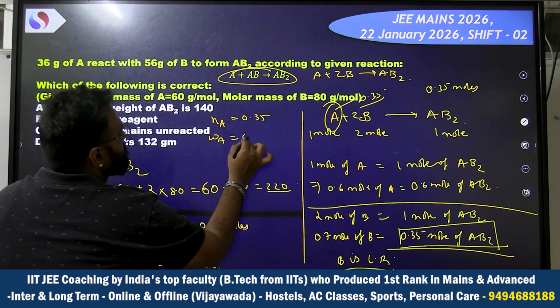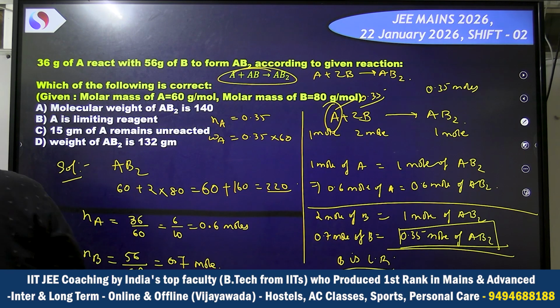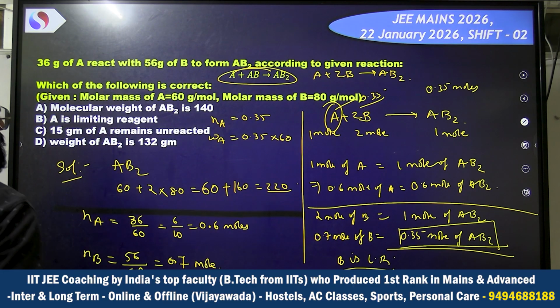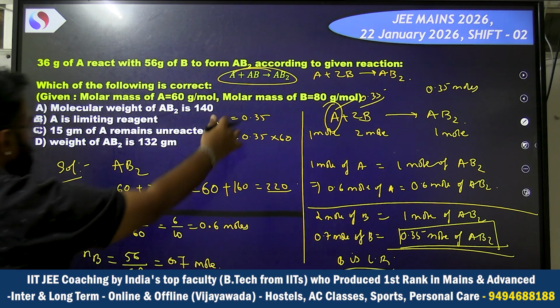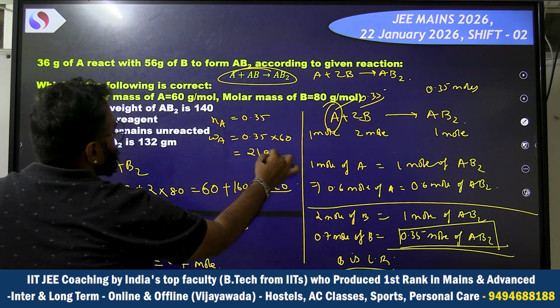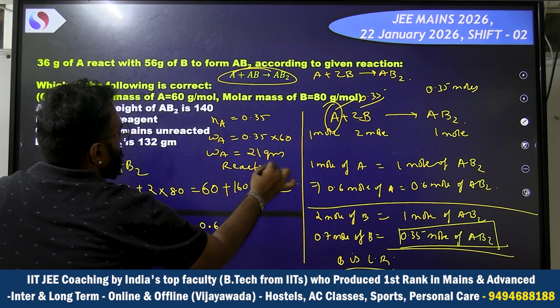So weight of A is 0.35 into 60, and 15 gram of A remains unreacted. This is reacted, 21 grams weight is reacted.